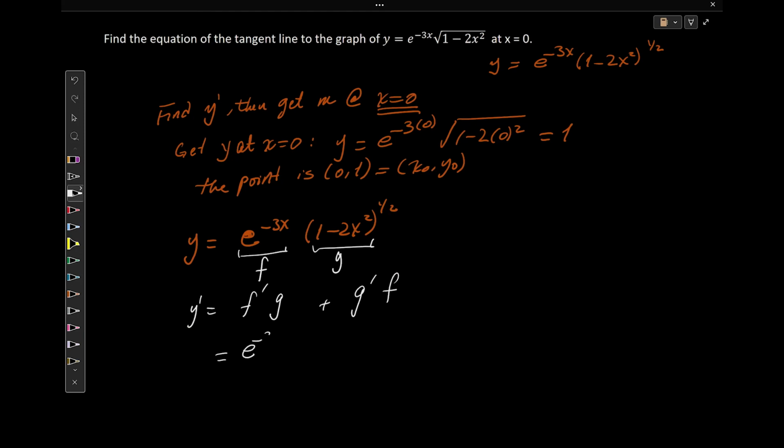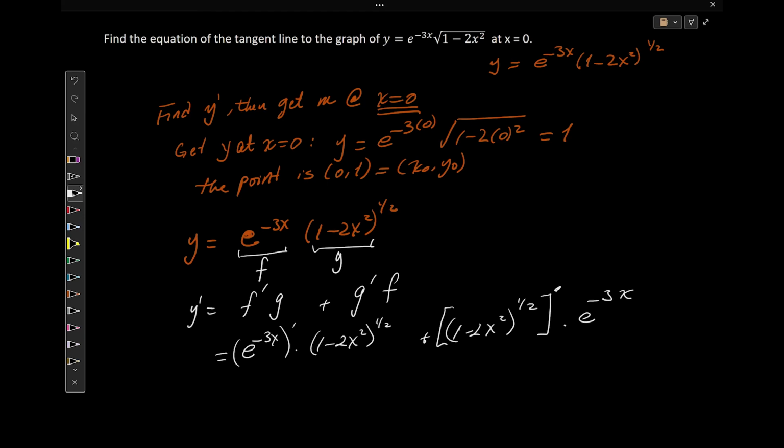So here, (e to the negative 3x) prime times (1 minus 2x squared) to the 1/2, plus g prime, (1 minus 2x squared) to the 1/2 prime, times g.